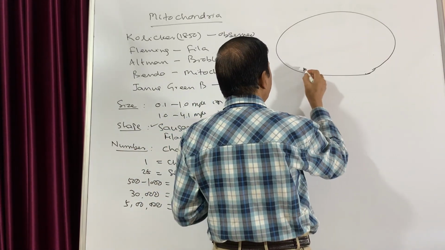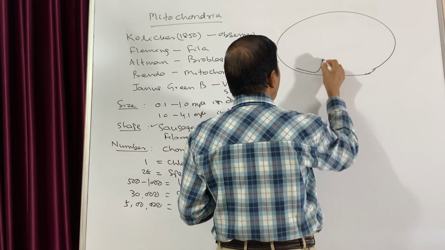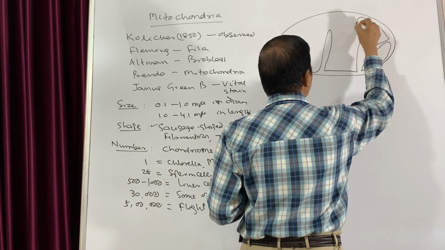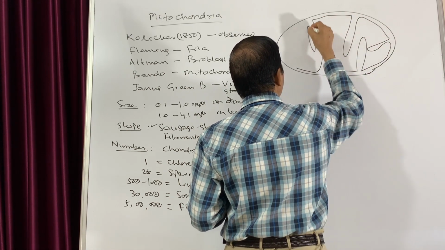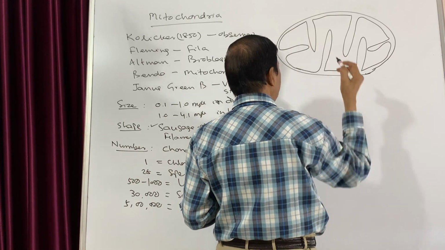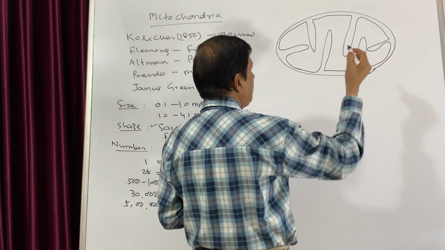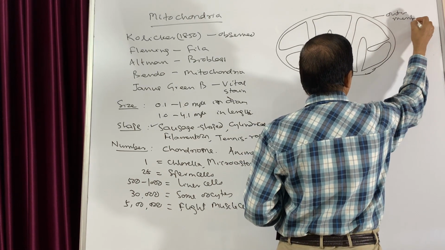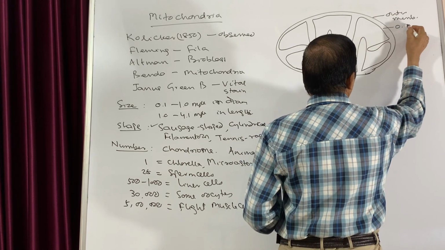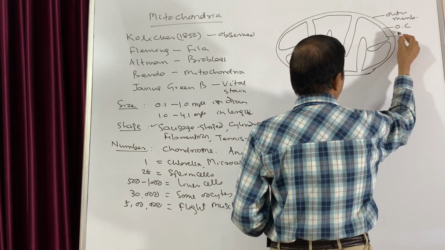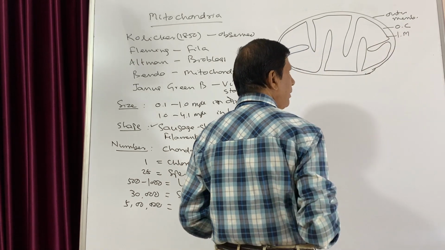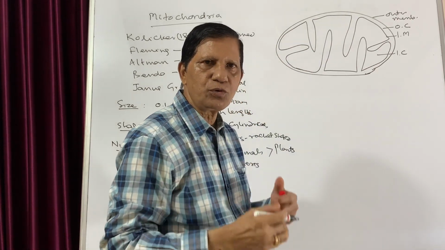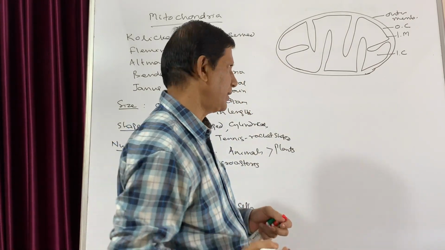Then there is the inner membrane, which has several enfoldings like this. This is the outer membrane, this is the outer compartment or outer chamber, this is the inner membrane, and this is the inner compartment or inner chamber. That means two membranes and two chambers or compartments.